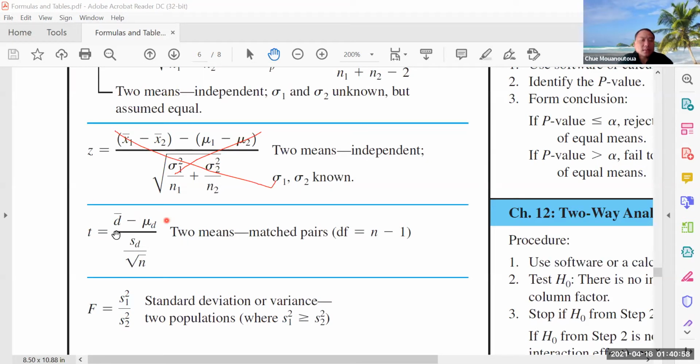So this is the t-test t. We have two means, and the difference is this is matched pairs. So you have pairs, like a before and after type of study, like a weight loss program, right?